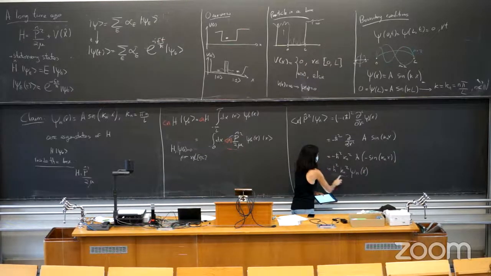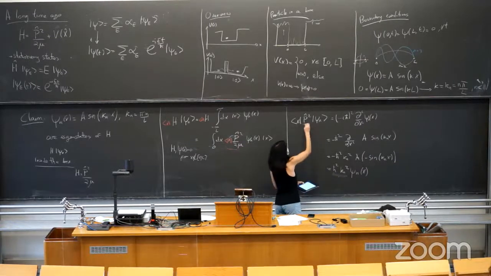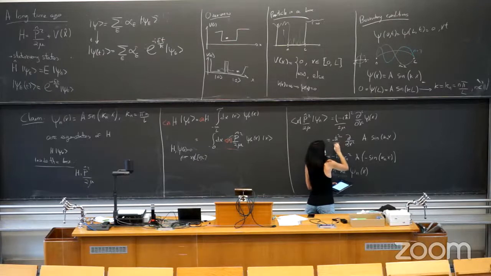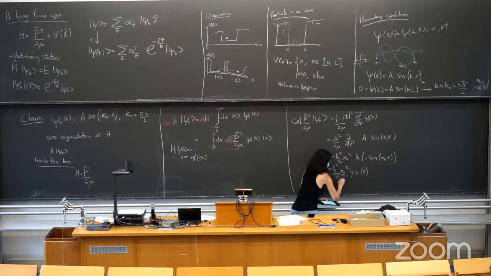Now if we put the 2 mu under everything, and this is the E n.